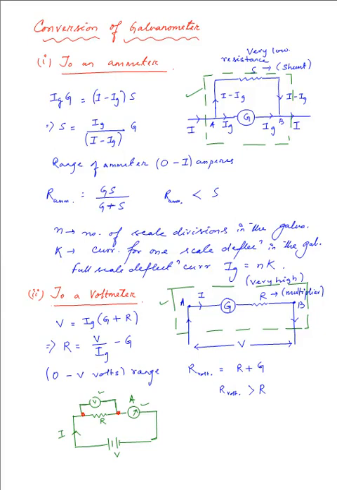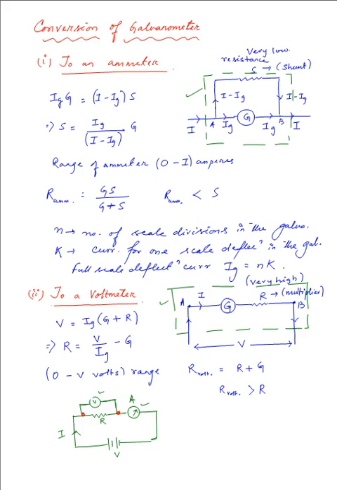And similar is the case with the ammeter, where the entire current passes through the ammeter, and it experiences the least potential drop, because the corresponding resistance of the ammeter is very low.